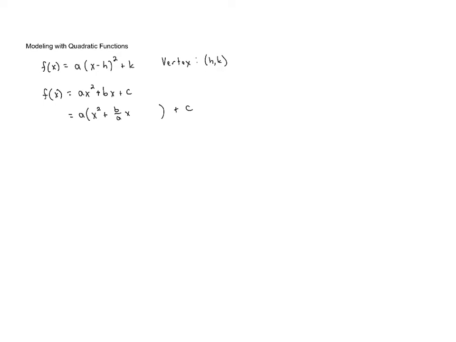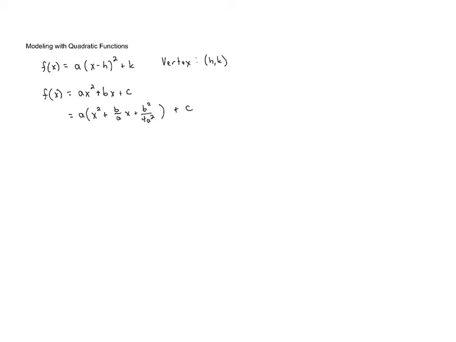Now, once we do that, we need to go through the process of completing the square, which means we need to take the coefficient on the x, divide it by 2, and square it. Dividing by 2 is the same as multiplying by 1/2. If we multiply this by 1/2, we get b over 2a. And if we square that, that gives us b squared over 4a squared.